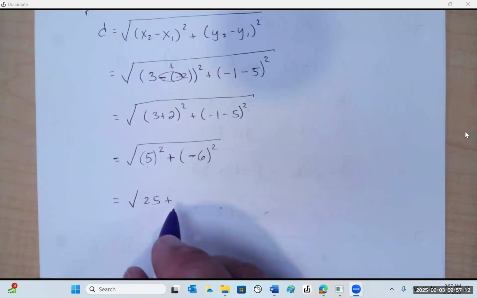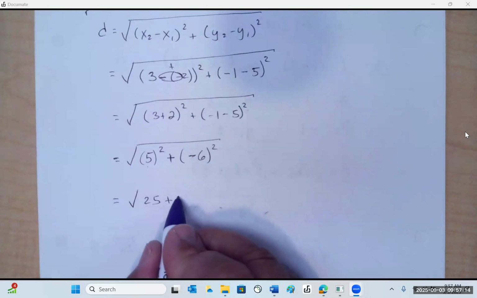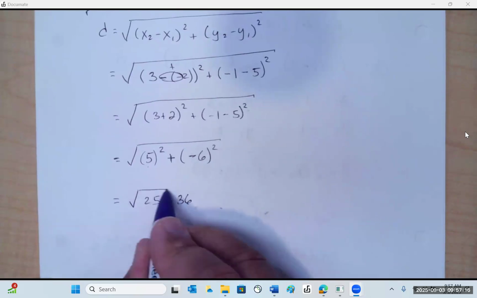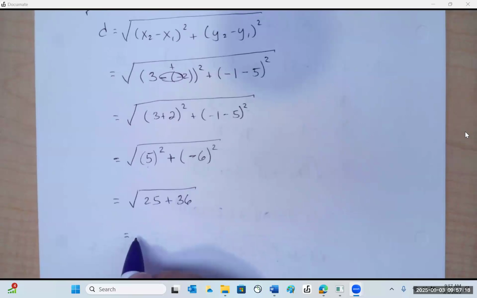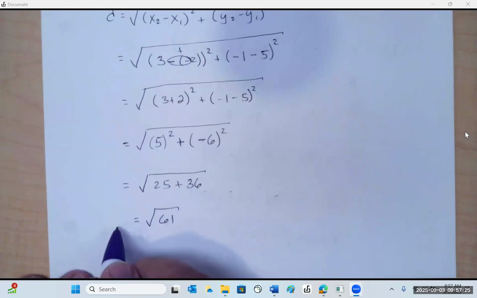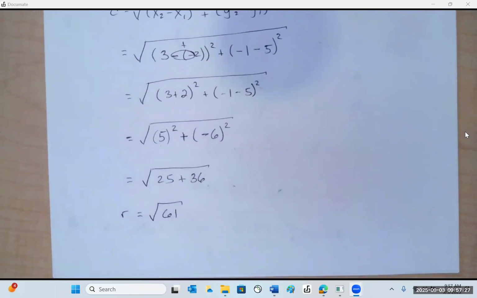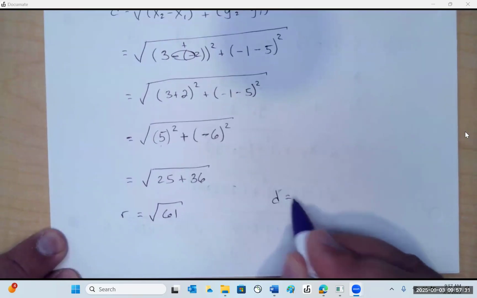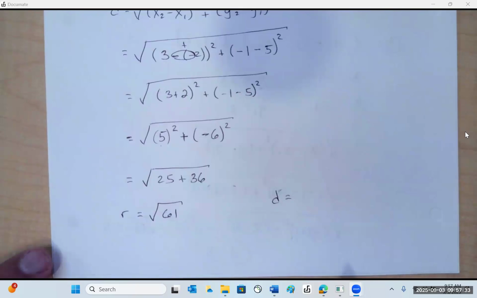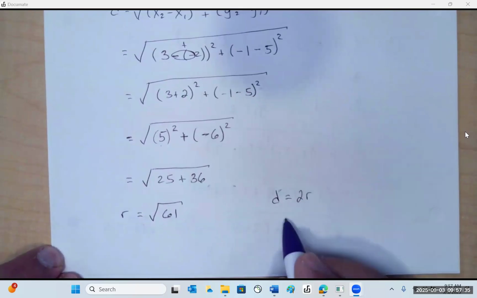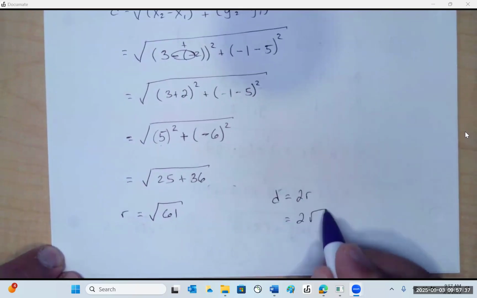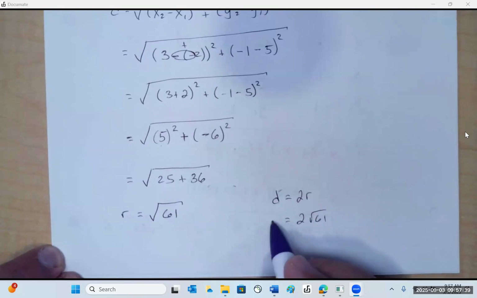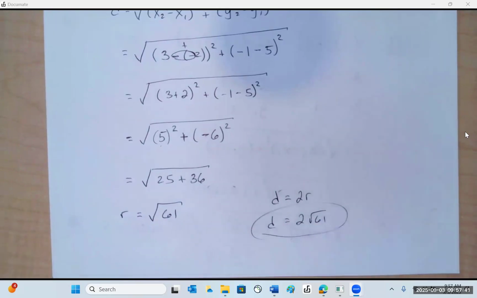What's 6 squared? 36. 25 plus 36. So the radius is the square root of 61. So the diameter is what? Yeah, so it's 2 times r, which is 2 times square root of 61. There's your answer.